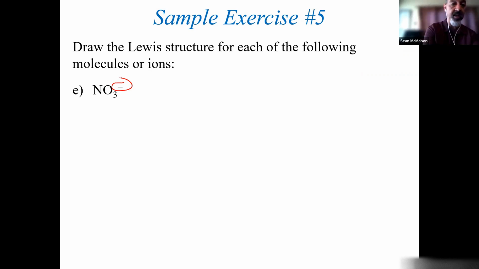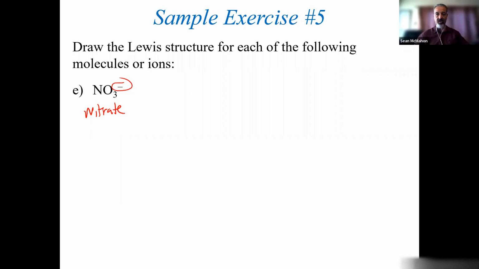More specifically, it's nitrate. Why? Because nitrogen's not on that 4 that I told you guys to draw on the periodic table. So here's nitrate as an ion. It needs 1 extra electron to make all of the elements in this structure happy. That's why it took an extra electron.